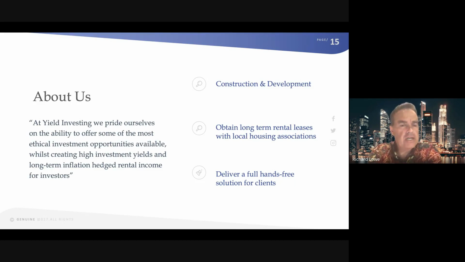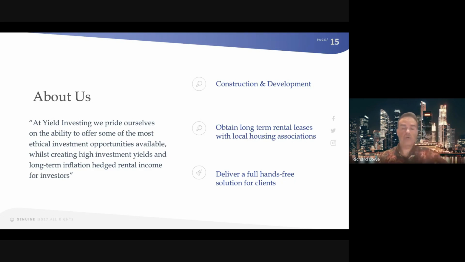Now, it might sound a little strange when they say ethical investment opportunities. And really what they mean by that is, not only is this a compelling investment when we look at the figures, but from a social responsibility perspective, as an investor in this asset class, you are helping a vulnerable person have a roof over their head who might otherwise find themselves homeless.